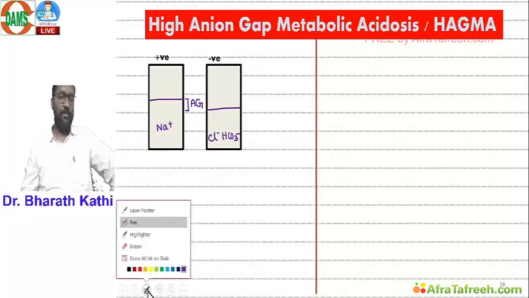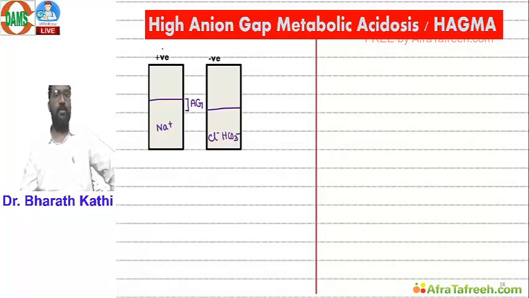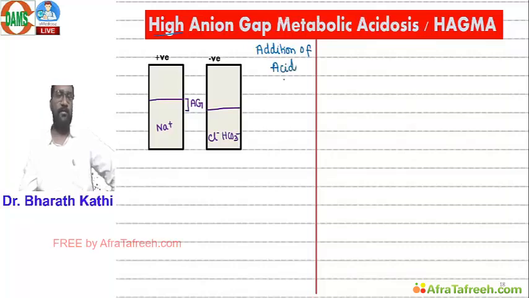For development of high anion gap metabolic acidosis, the primary event is addition of acid to the body. You must be knowing any acid in the universe will give rise to H plus and the corresponding acid anion.